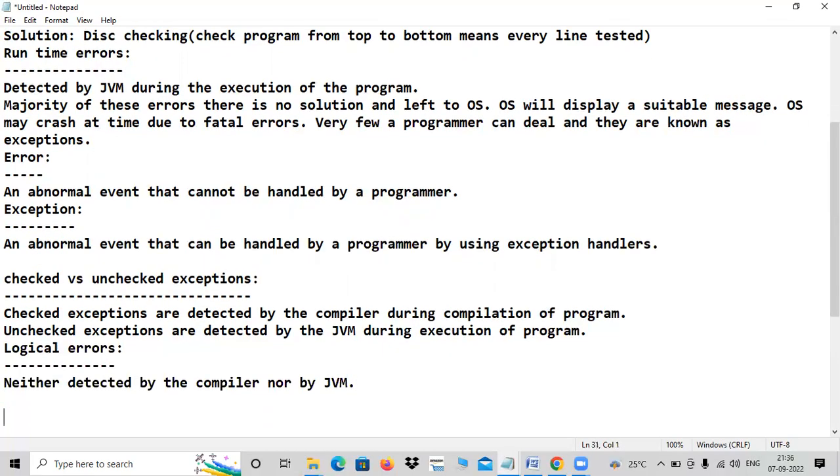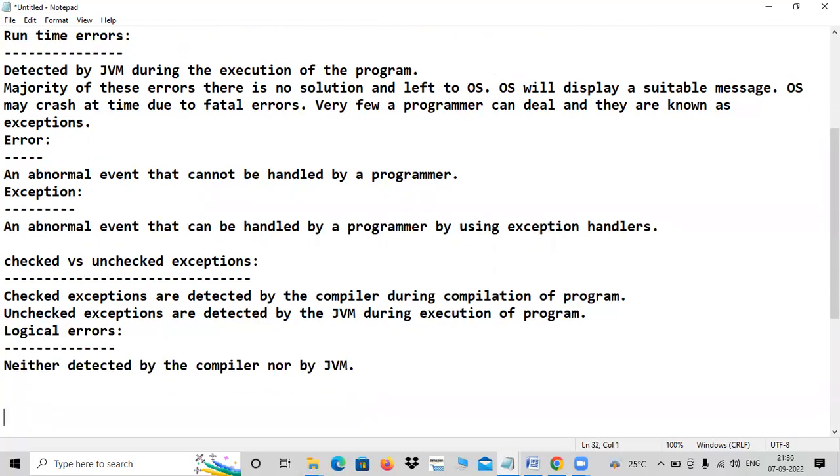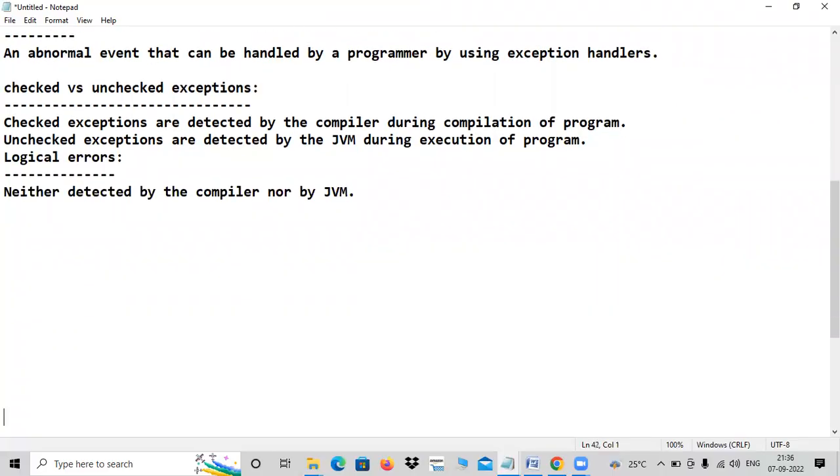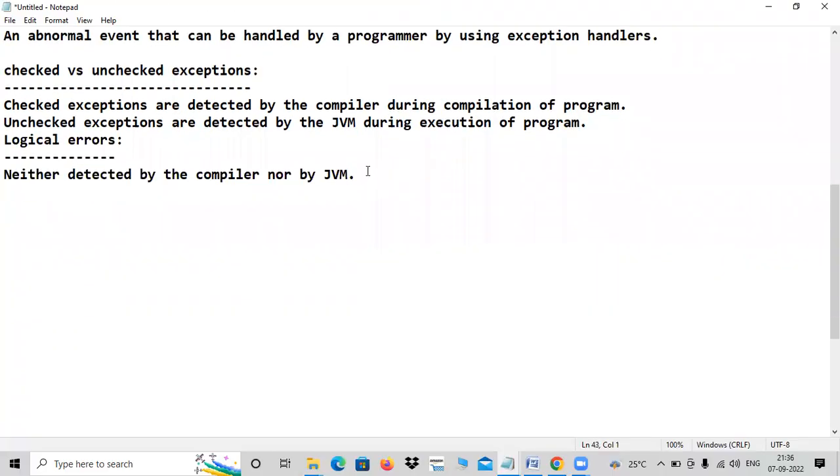Nobody. So as a programmer, we have to detect that. The machine can't do anything for that. They occur due to problems with the logic of the program. Logic means formula, something like formula problems.